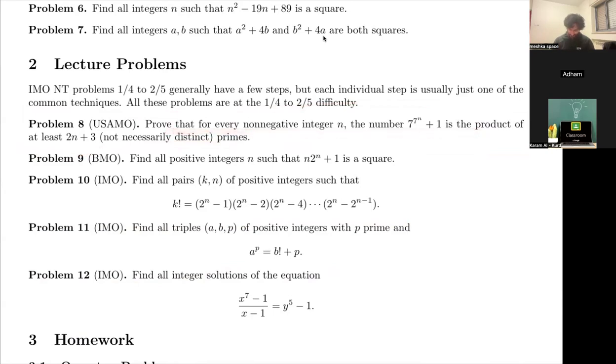So what is it? You have this 7^(7^n) plus 1. So this is the number, and you want to show it's a product of 2n plus 3 primes, maybe with repetition.